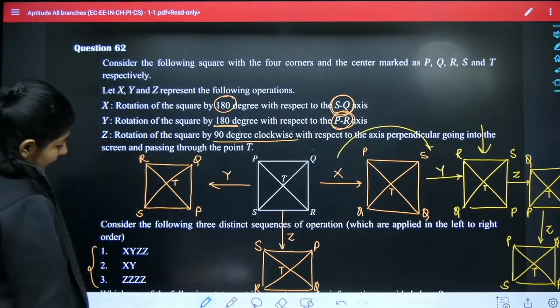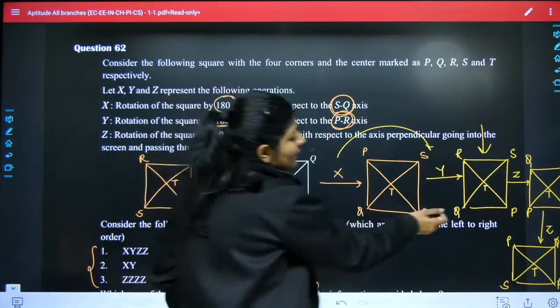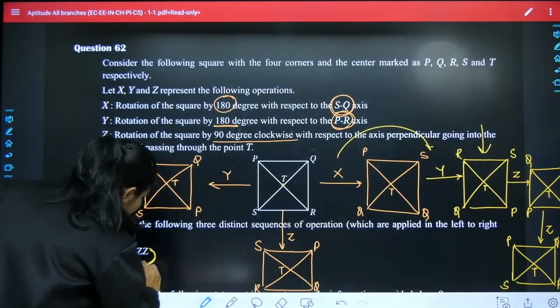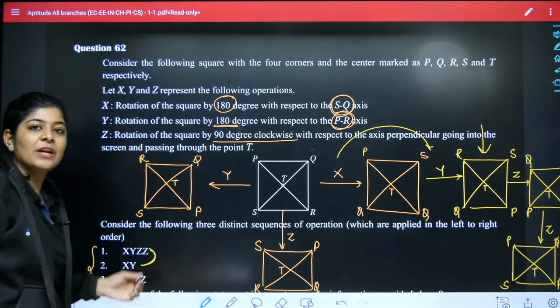Now we need to apply Z four times. Now this image and this image are not the same. That means these distinct sequences of operations are not similar.